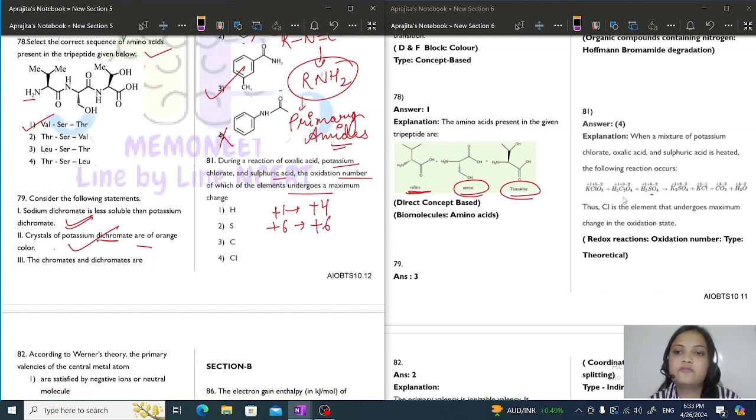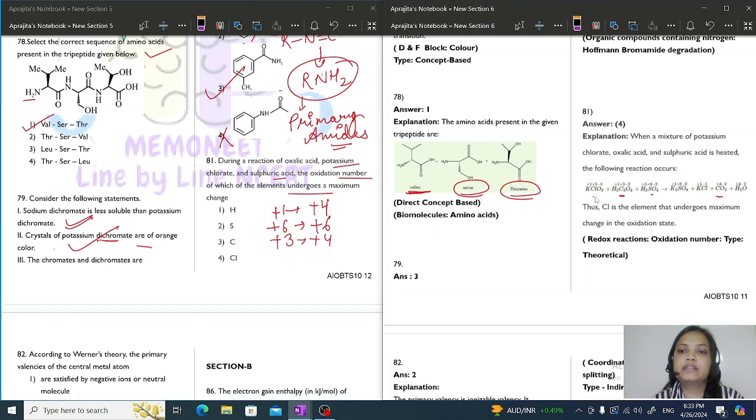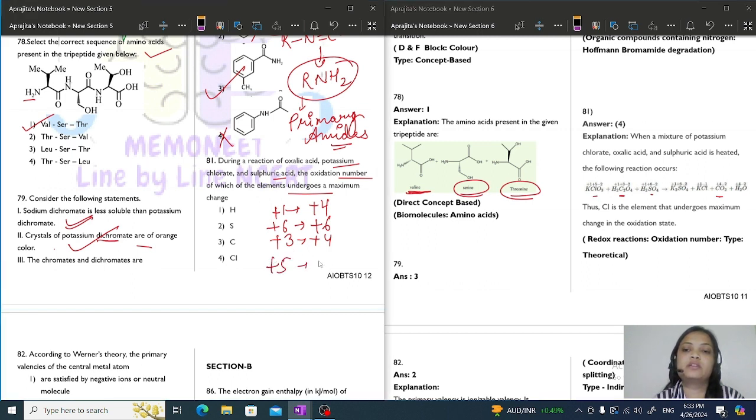Then for carbon, it's changing from +3 to +4. But for chlorine, it is changing from +5 to -1. So that is the maximum change that it is undergoing. So the answer is going to be option number 4.